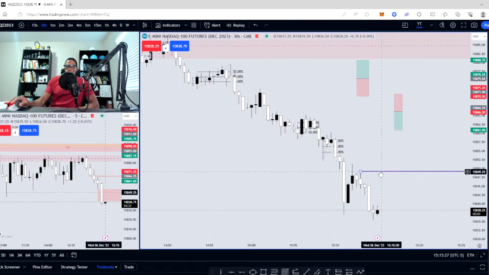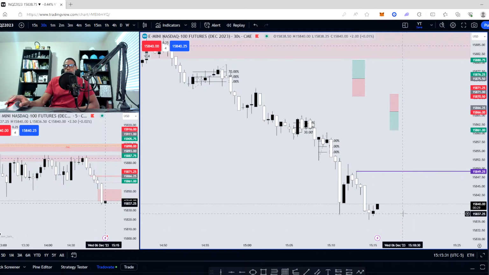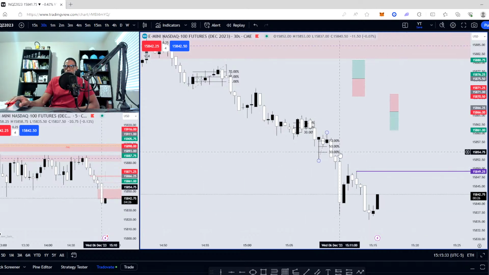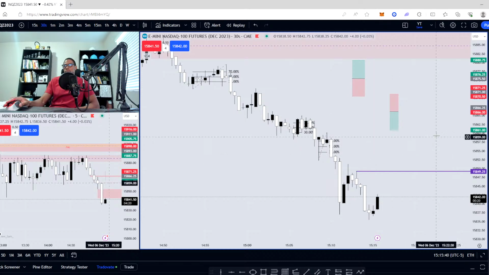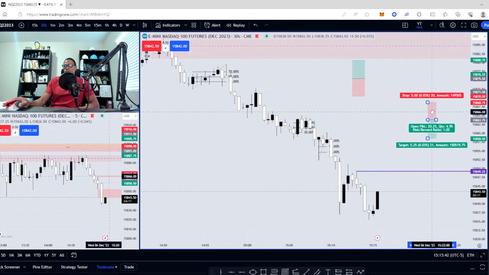Let's also be aware that potentially we'll see this high broken, and before it breaks down to give us another short entry, it'll tag in this short entry at 15,854 and 3/4. So let's just keep that in mind as price moves upwards.